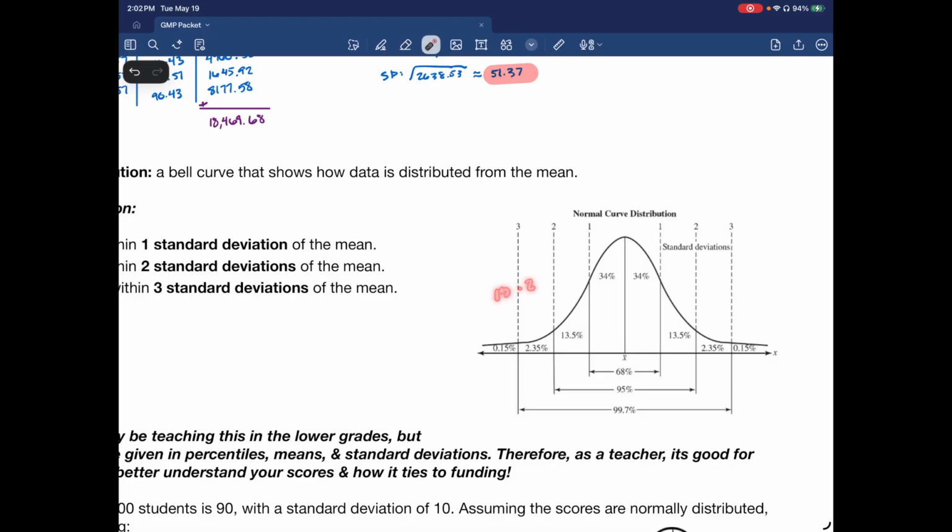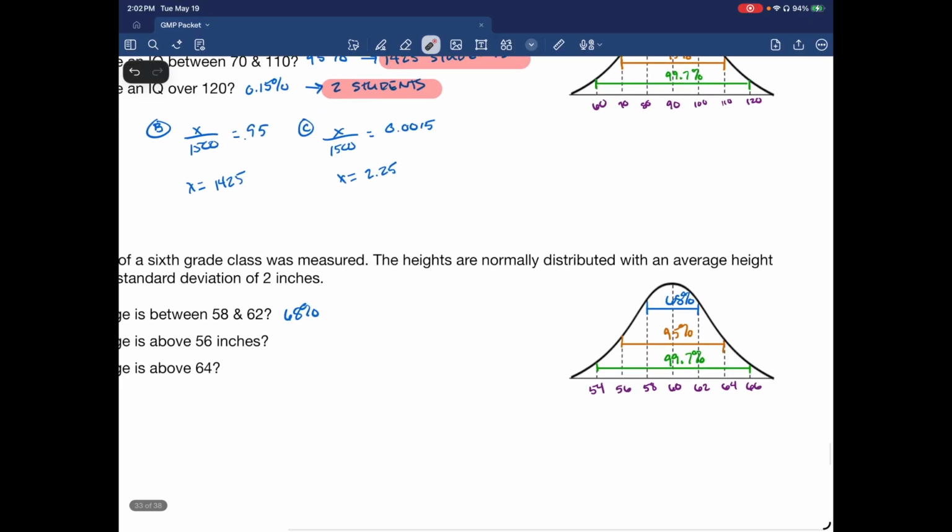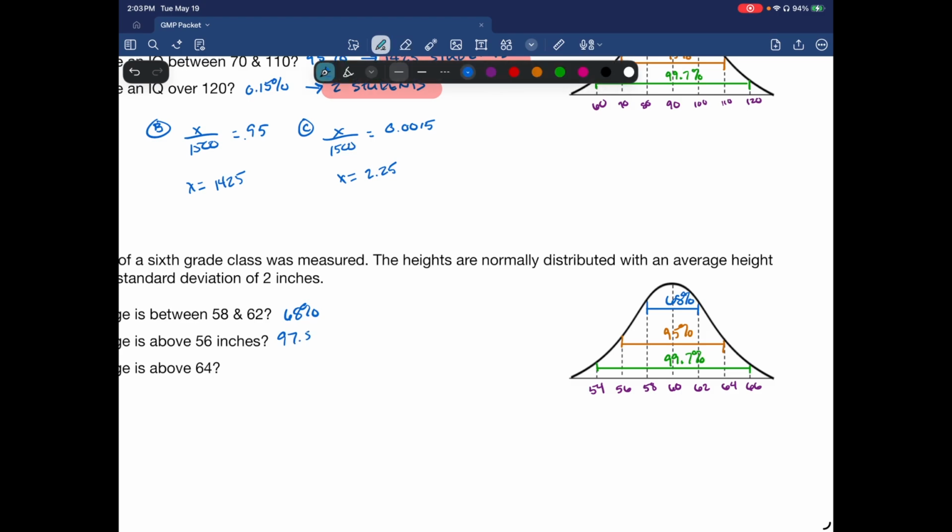Okay, so we need this and over, and if this is 2.5%, this is everything else. If this is 2.5%, this is 97.5%. All right, so not too bad, 97.5%.